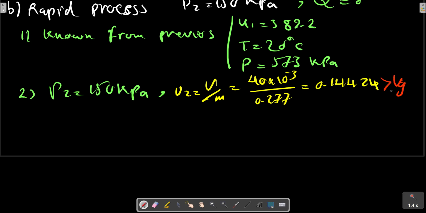It is greater than Vg as previously. For the pressure 150 kilopascal we can bring the table.